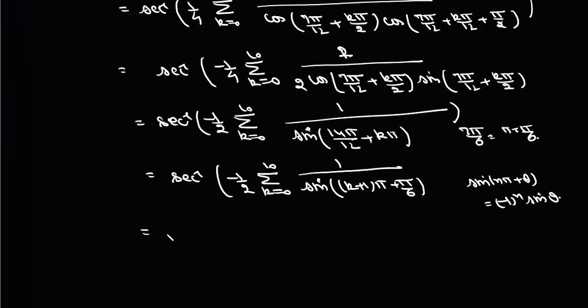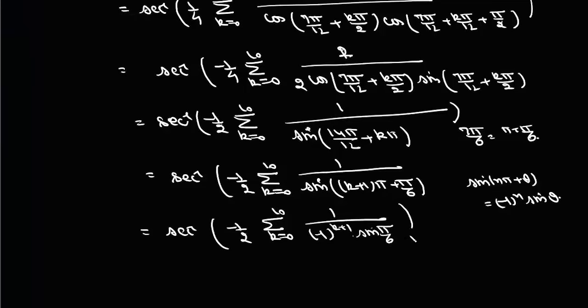So we can write this as secant inverse minus 1 by 2, and then summation k varies from 0 to 10, 1 upon minus 1 to the power k plus 1 into sine pi by 6. Now sine 30 is 1 by 2, so this 1 by 2 and 1 by 2 will also cancel.